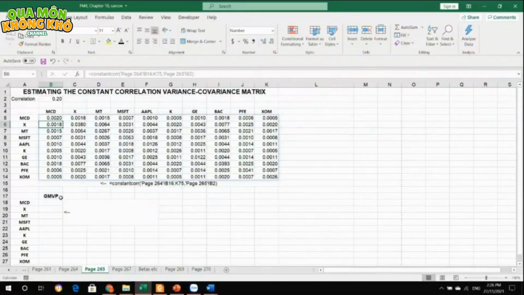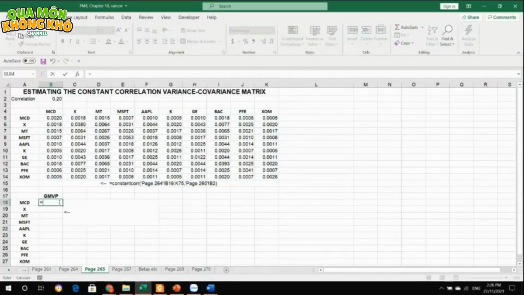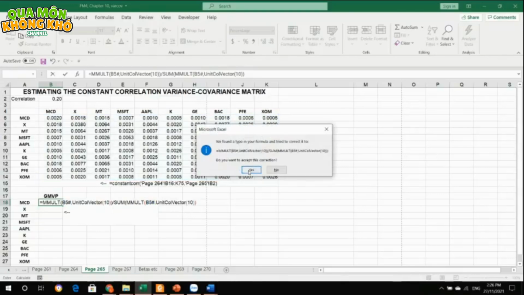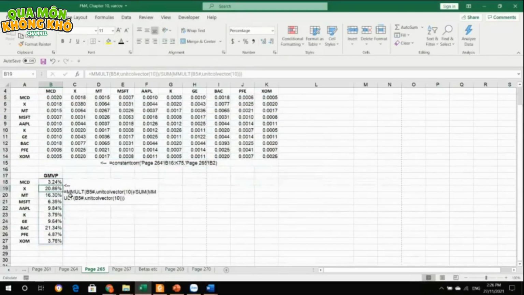And we can calculate the GMVP by the function we used before. And we have the GMVP.